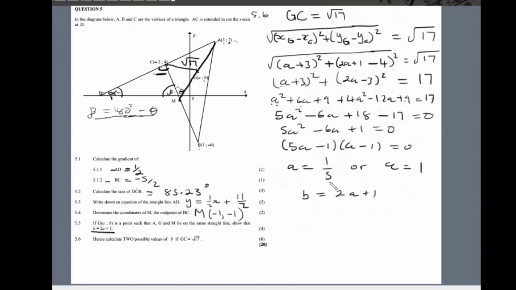So now because we have the values of a, we can simply substitute in this equation here. So b will be equal to 2 times 1 over 5 plus 1, which will give us, punch in your calculator, 7 over 5, or b will be equal to 2a, which is 1, plus 1, which will be 3. So b is equal to 7 over 5, or b is equal to 3.